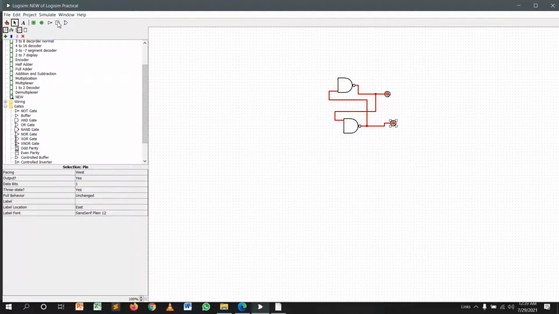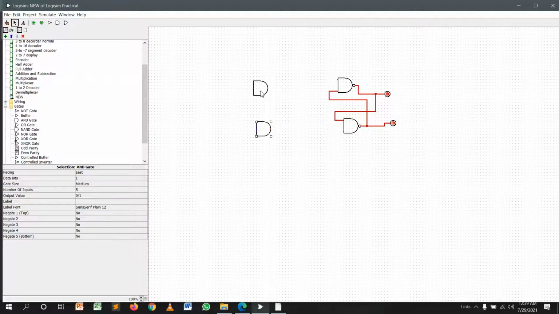And we have to connect these to AND gates. They also have two inputs: this one input and two input.